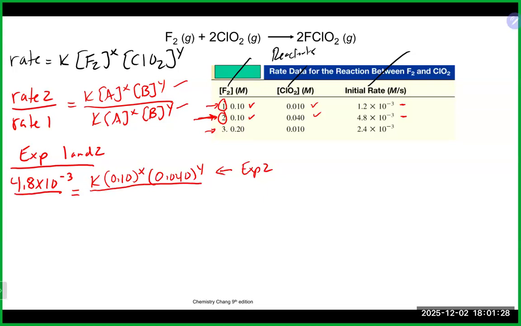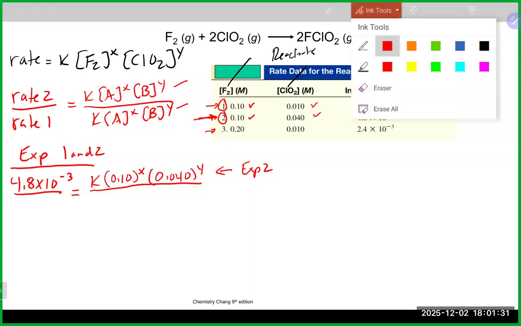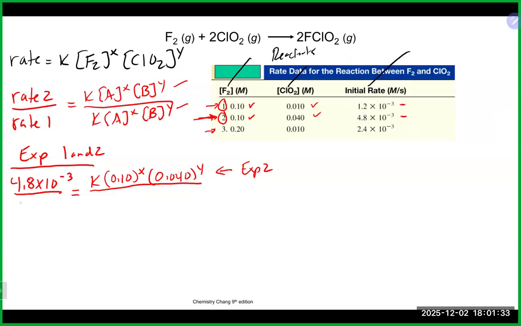Now on the bottom there, we put everything from experiment 1 in the table. That's going to be 1.2 times 10 to the minus 3, K, 0.1 to the X, 0.01 to the Y, and this is all experiment 1.